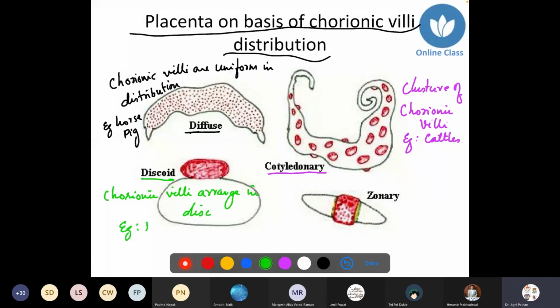Example, rabbit and rat. Zonary, chorionic villi in the girdle shape.